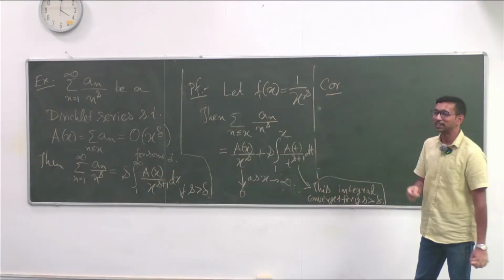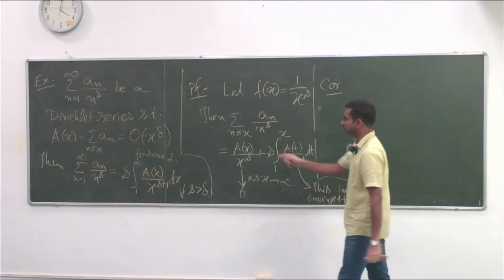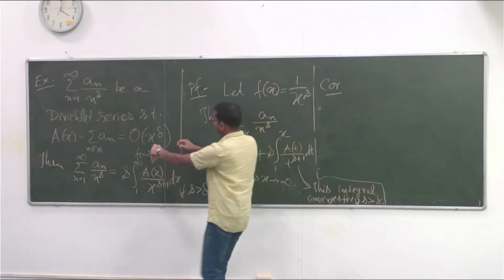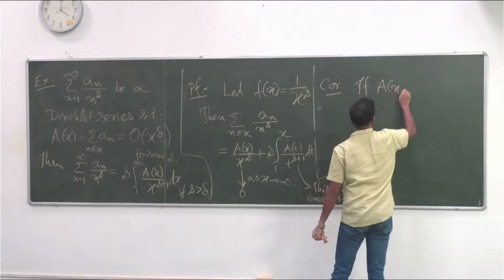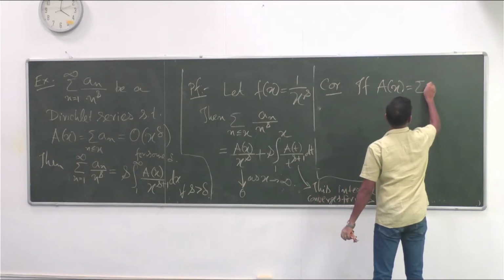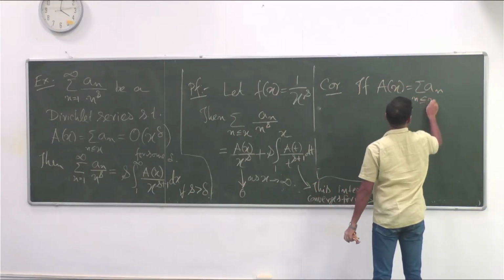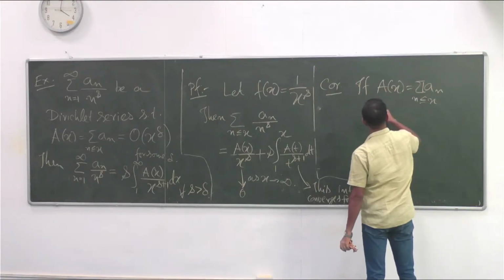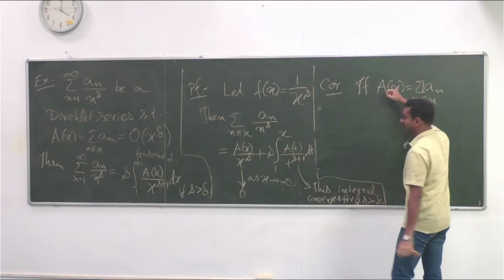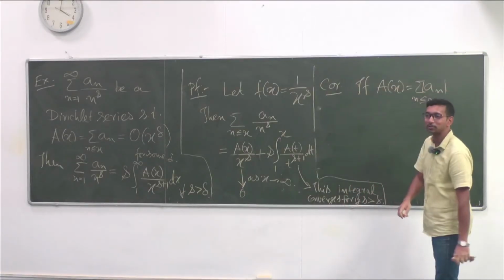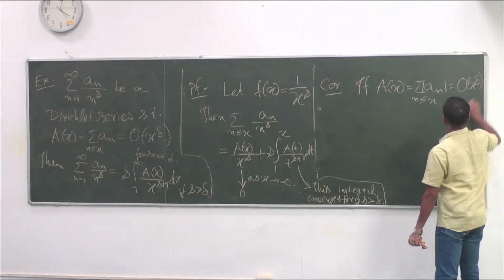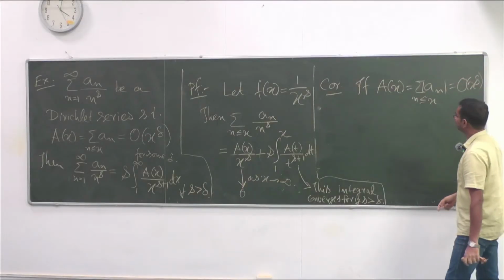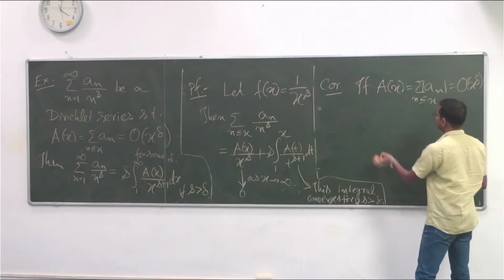Absolutely convergent. You need absolute convergence of that. So instead of this, you require that the sum of the absolute values of a_n up to x is big O of x^delta. You don't even need to define it separately.